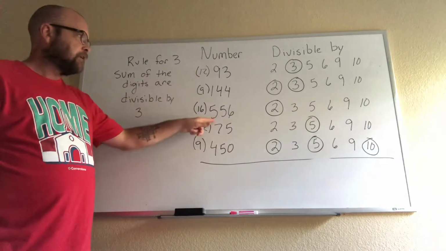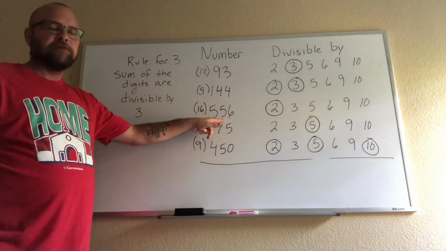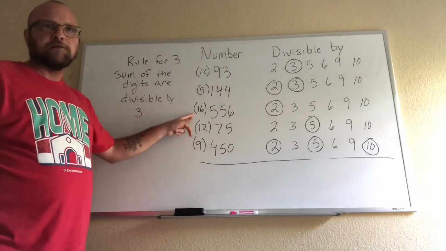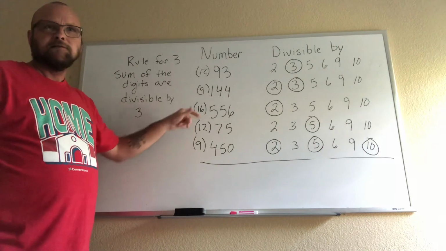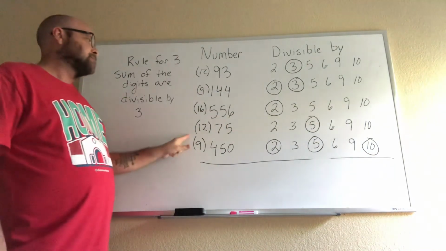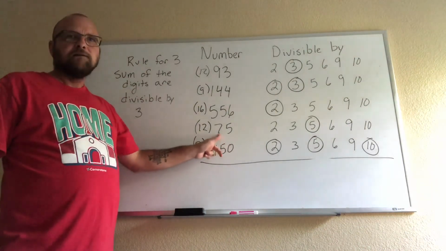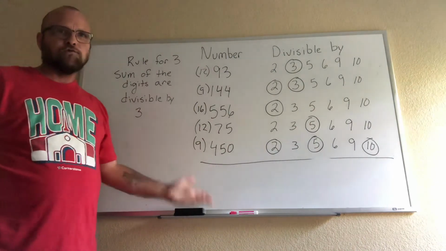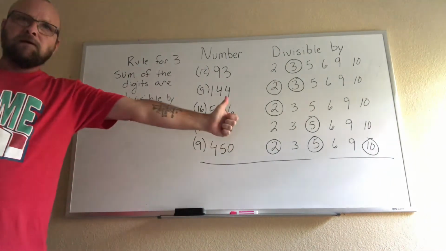556. 5 plus 5 is 10. 10 plus 6 is 16. Does 3 times anything equal 16? No. So it is not divisible by 3. The sum of the digits in 75, 7 plus 5 equals 12. Does 3 times anything equal 12? Yes.